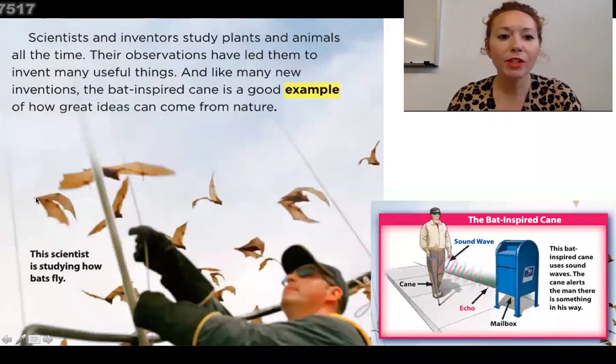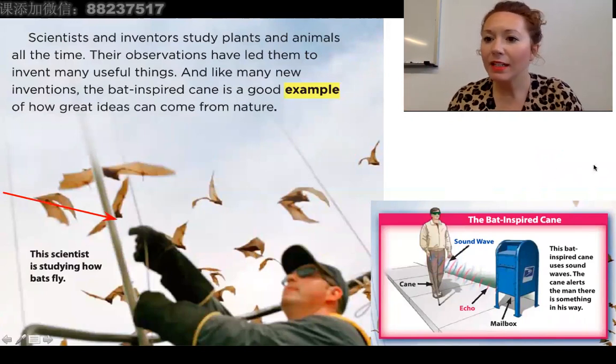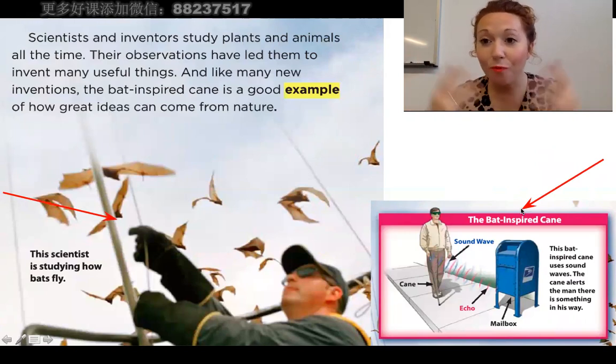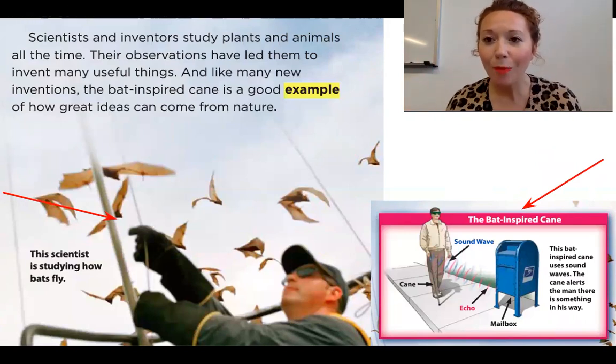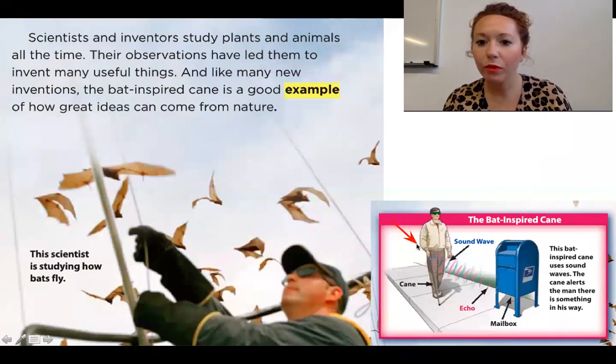Now in this picture, we see that a scientist is studying how bats fly. And in this diagram over here, this is giving us a good visual representation of what the cane is actually doing. So the blind person is walking with the cane, right? So we can see the cane is right there.